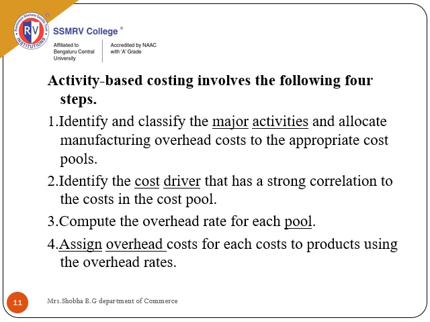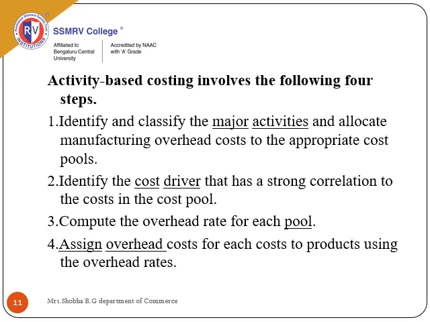Coming to the third one, compute the overhead rate for each pool. For each activity, we need to find out the cost depending on the cost drivers. The last one is assigning overhead cost to products using the overhead rates.